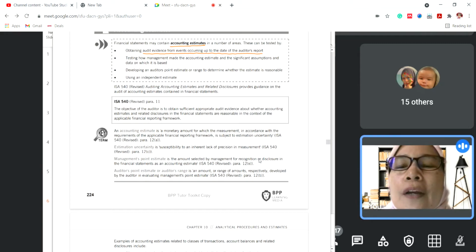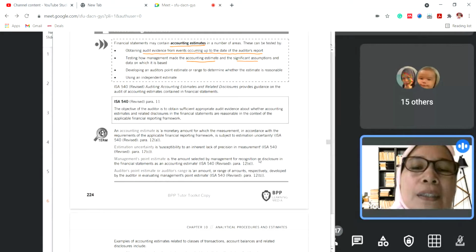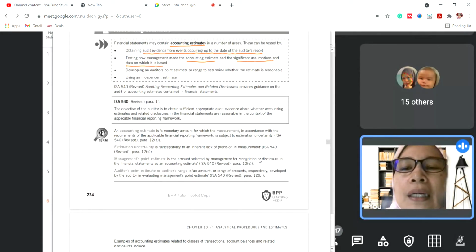You have to test how management made the accounting estimate and the significant assumption and data on which it is based. And then look also at developing an auditor's point estimate or range to determine whether the estimate is reasonable, using an independent estimate, if the estimation comes from the expert.